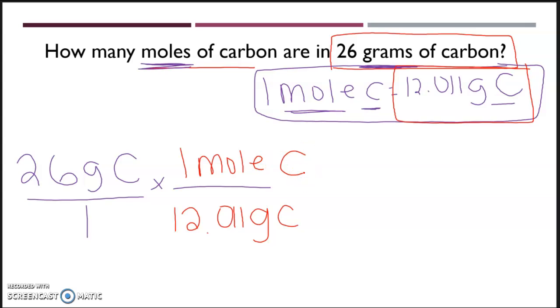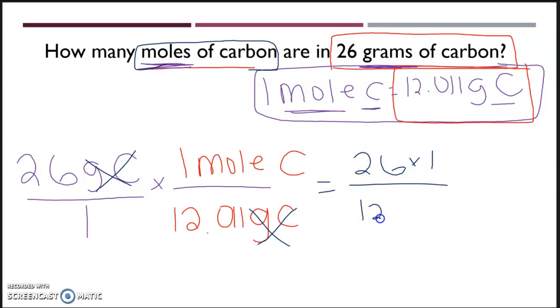Now I have canceled out my grams of carbon, and all I'm left with is the unit moles of carbon, which is what the problem wanted. So we solve 26 times 1 divided by 12.011. When I plug that into the calculator, I get 2.16 moles of carbon.